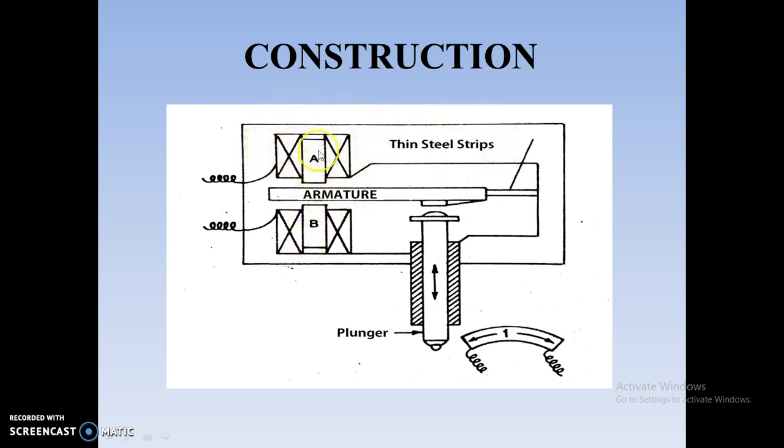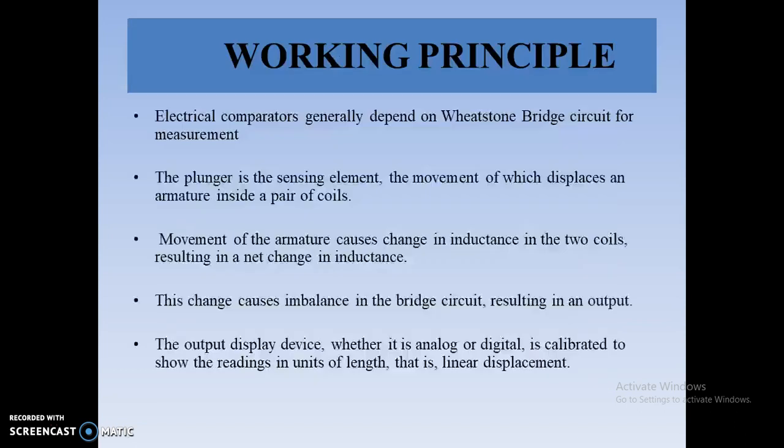These coils A and B are connected to a Wheatstone bridge. Now generally electrical comparators depend on a Wheatstone bridge circuit for measurement.